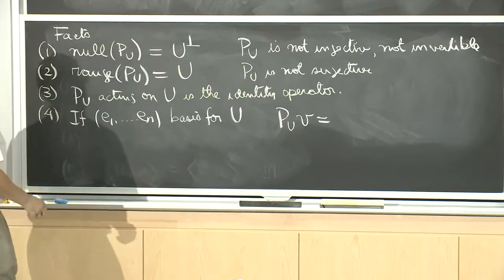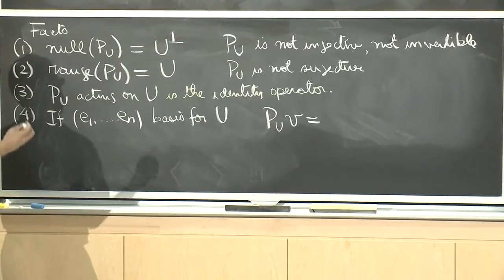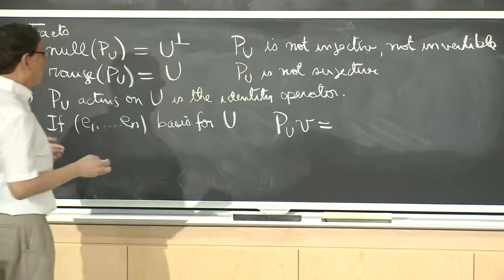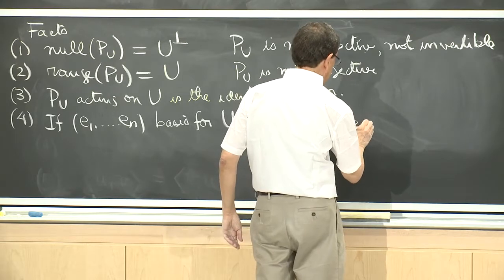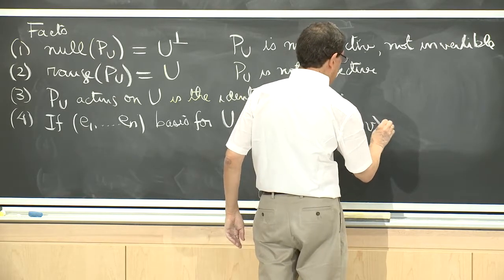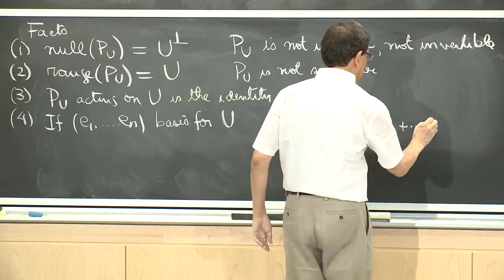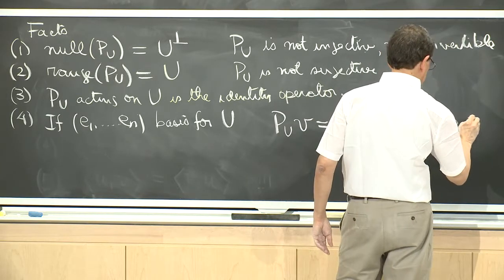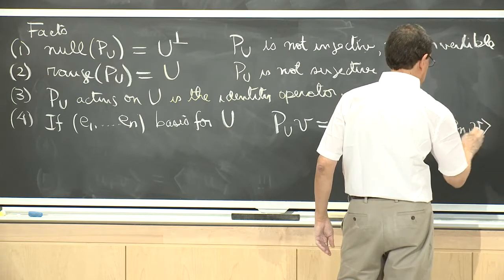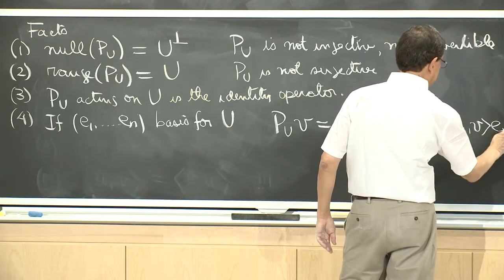The component of V, or the part of V in U, and that is (e_1, v) e_1 all the way up to (e_n, v) e_n.